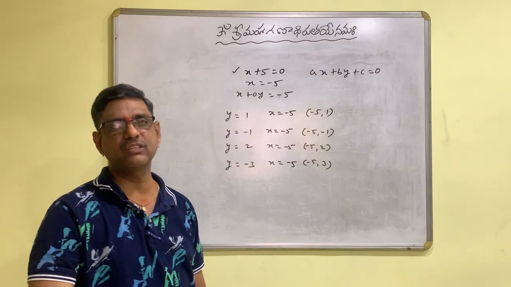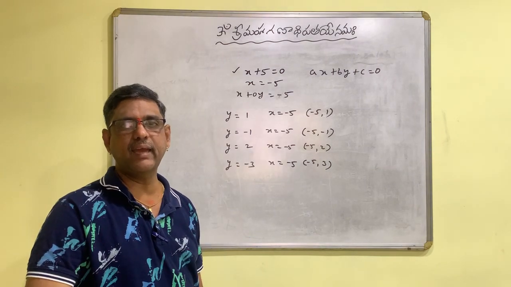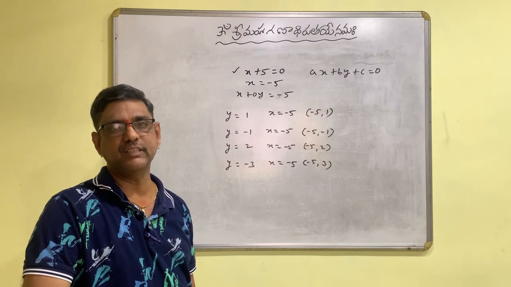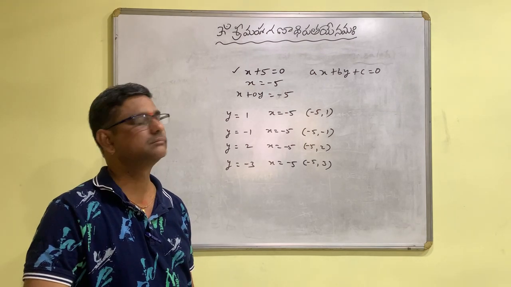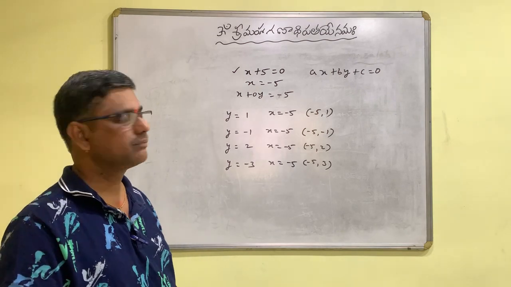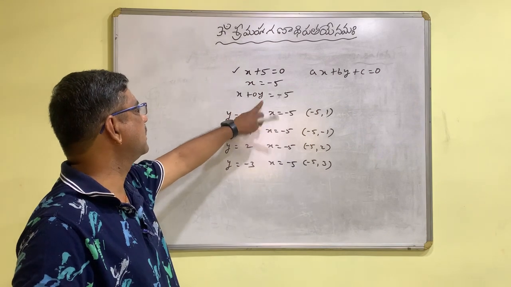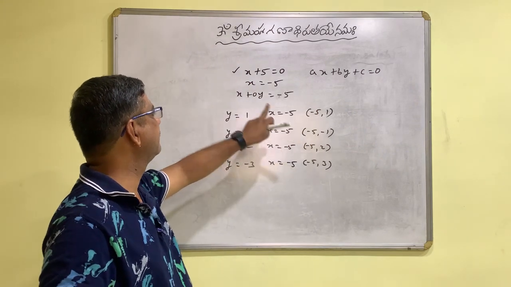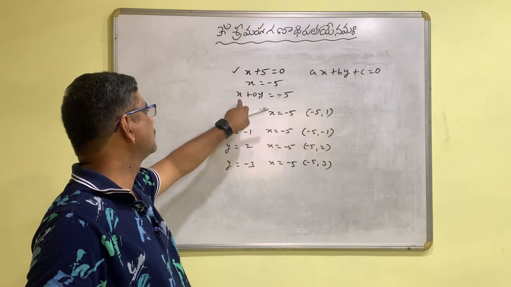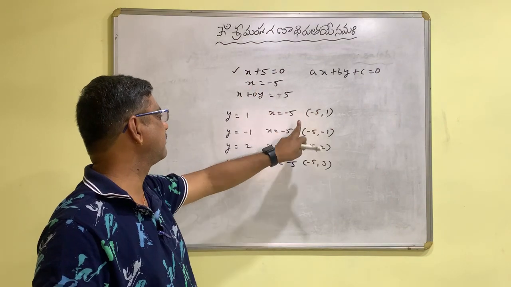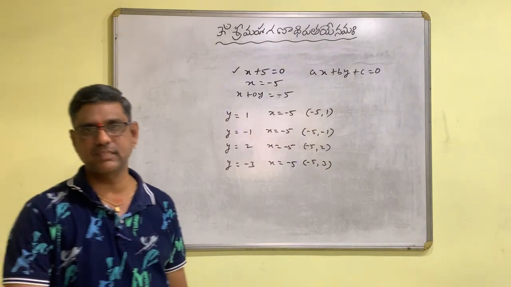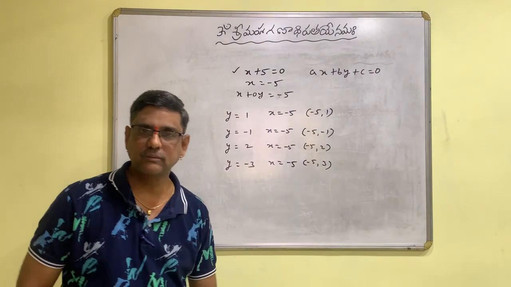We inserted it as 0y. Therefore we need to give values only for y. So 0 into 1 is 0, so x is -5. If you keep y as -1, 0 into -1 is 0, so x plus 0 is x, which is equal to -5. X will not change. Now these are the solutions.